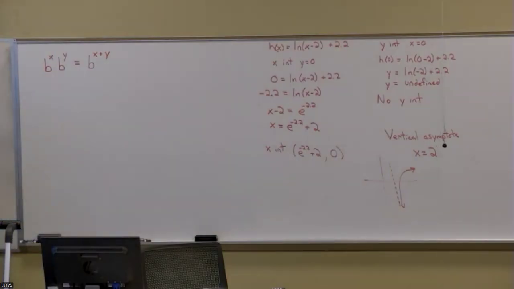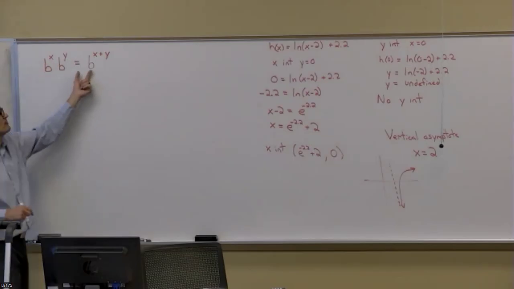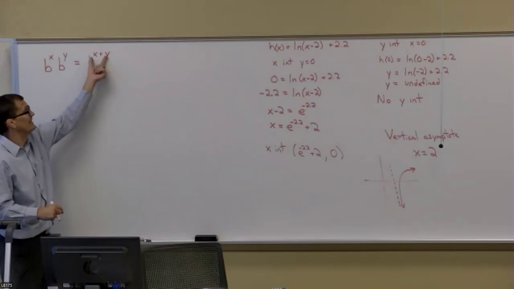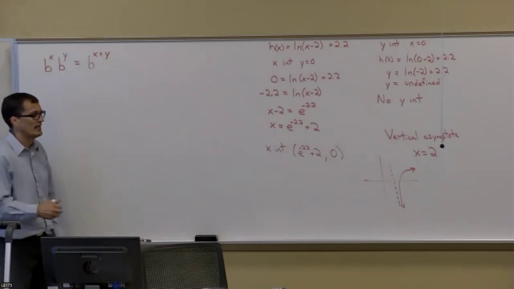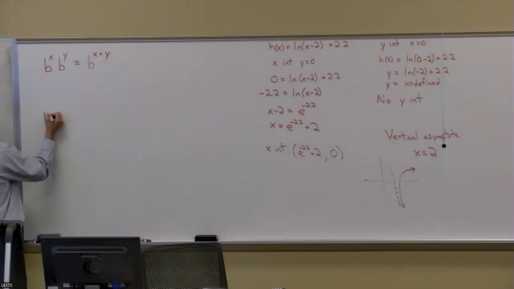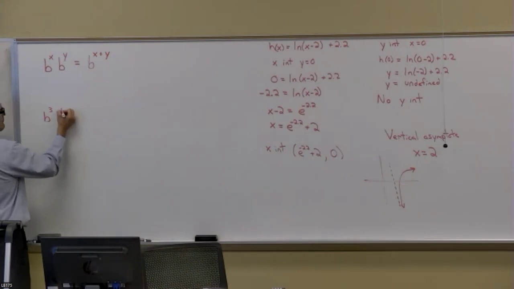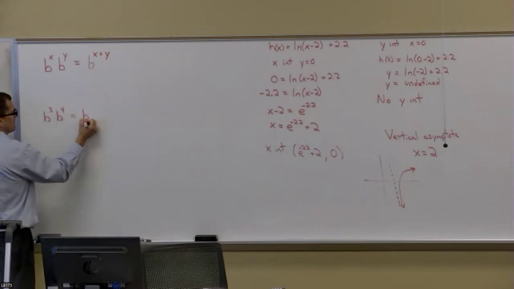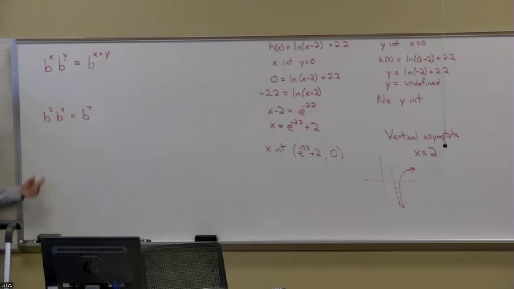We have an exponent rule that says when I multiply the same bases with different exponents, I can simply take one base and add the exponents up. It's like saying b to the third times b to the fourth gives me 7 factors of b, right? 3 factors plus 4 factors gives me 7 factors. So that's the rule that I'm using.